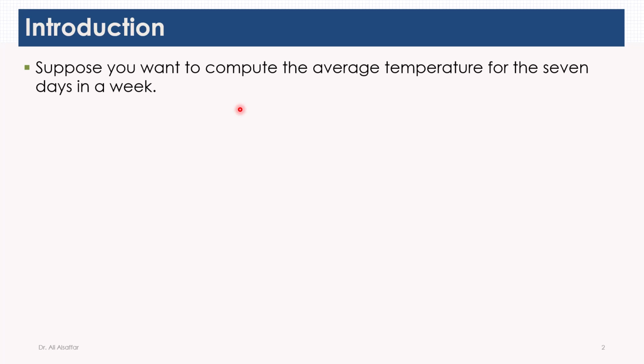So the other solution is that you define a single variable that is going to read the temperatures one at a time. Since what we need is to compute the average, all we need is to go over the temperatures one by one, find their summation, and divide by their count, which is the number of temperatures.